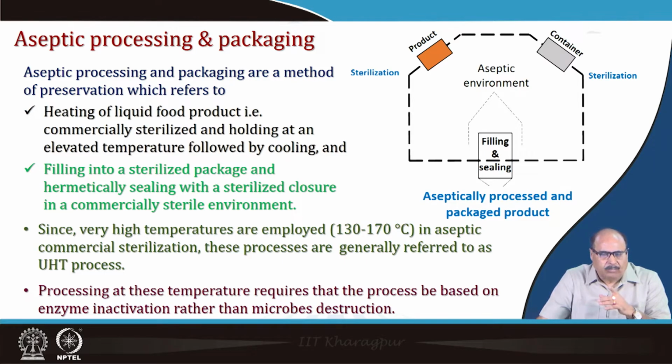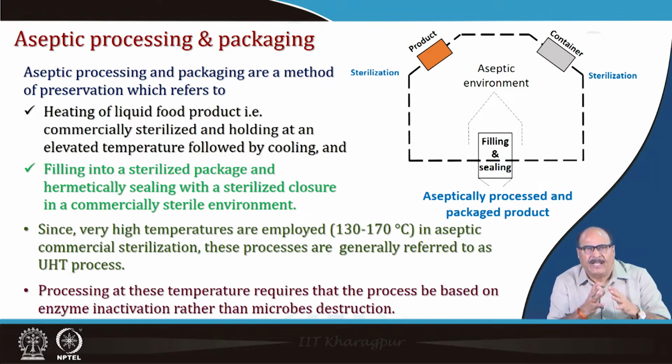Aseptic processing and packaging is a method of preservation which refers to heating of the liquid food product, that is commercially sterilized and holding at an elevated temperature followed by cooling and filling it into a sterilized package and hermetically sealing with a sterilized closure in a commercially sterile environment.